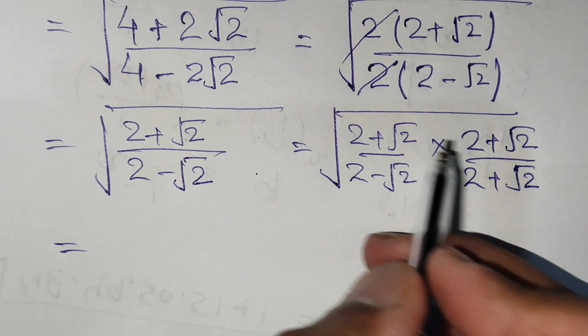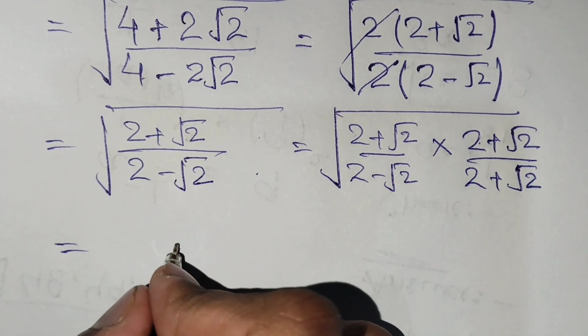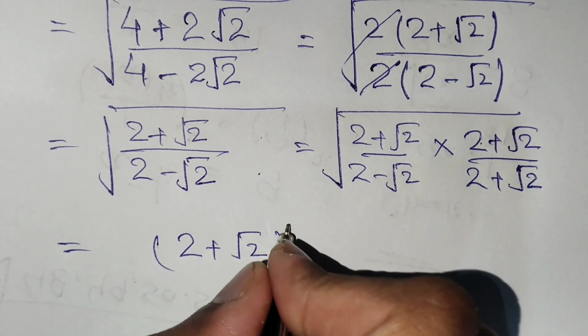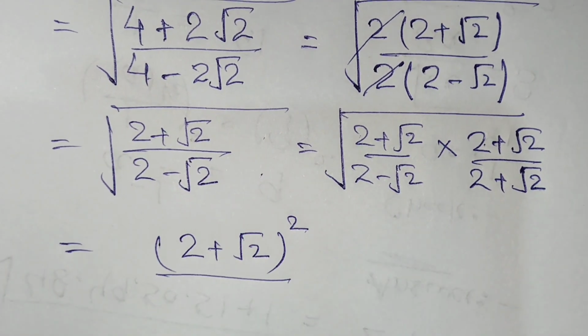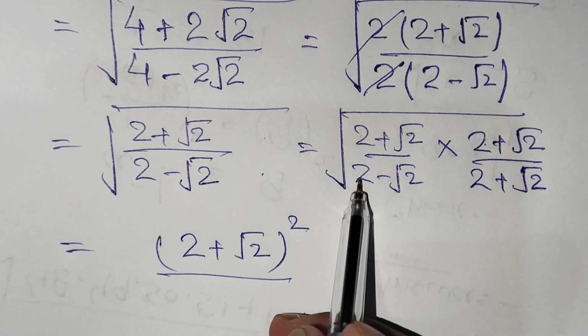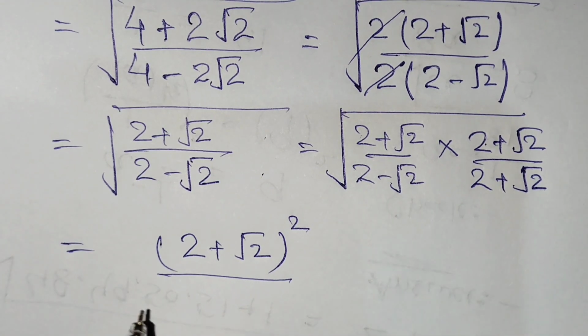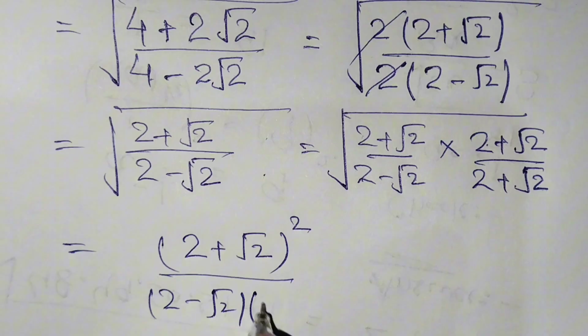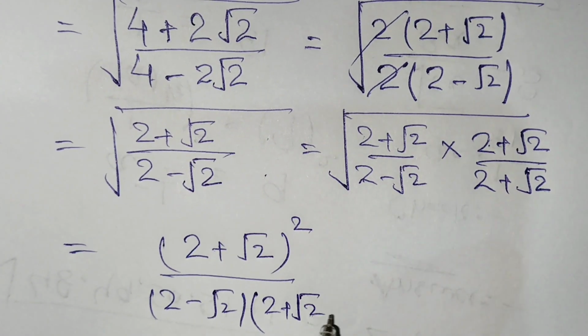In the numerator, 2 plus square root of 2 and 2 plus square root of 2, we have 2 plus square root of 2 whole square, divided by, this is 2 minus square root of 2 times 2 plus square root of 2.